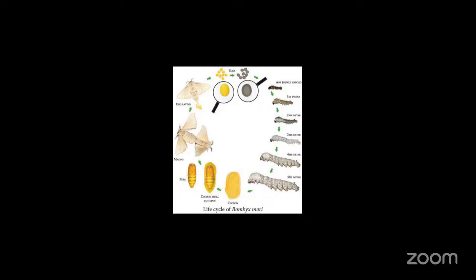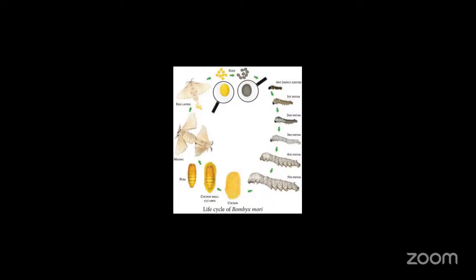After this, we will discuss silkworm seed production and organization, grainage house and equipment, and silkworm breeds. What are the various types of breeds in the sericulture field? And after that, we will discuss the grainage process and mother moth examination. We must use disease-free adults and larvae.